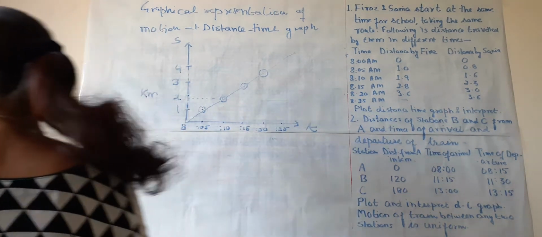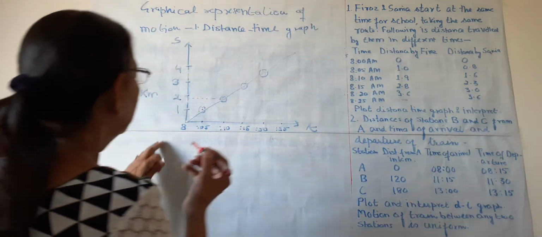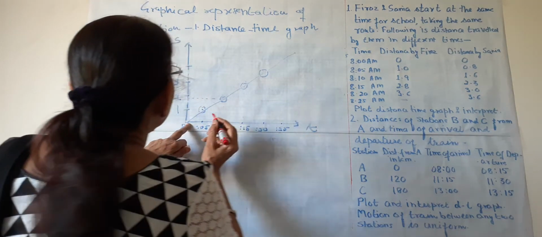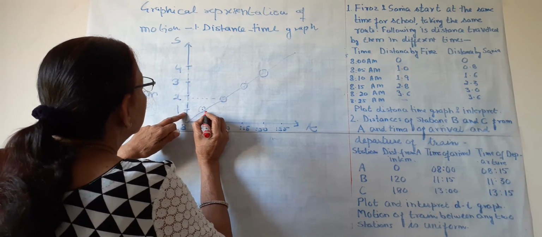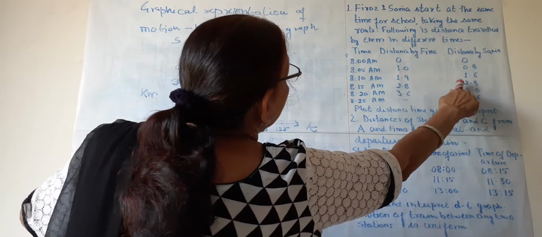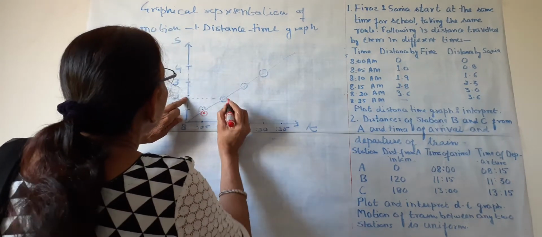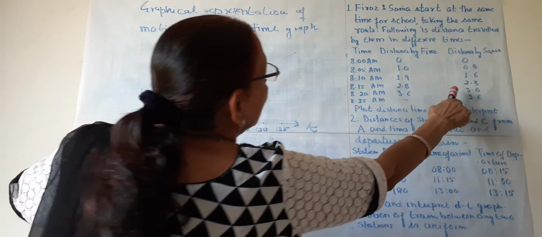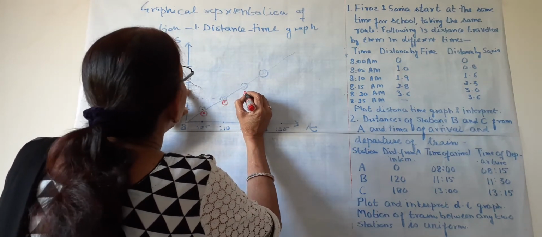Now we will study the graph of Sania. The distance covered by Sania at 8, she was at 0. At 8:05, she is at 0.8, slightly lesser than 1. She is here, 0.8 kilometer. Then at 8:10, she is at 1.6, slightly less than 2. So here she is. At 8:15, 2.3.